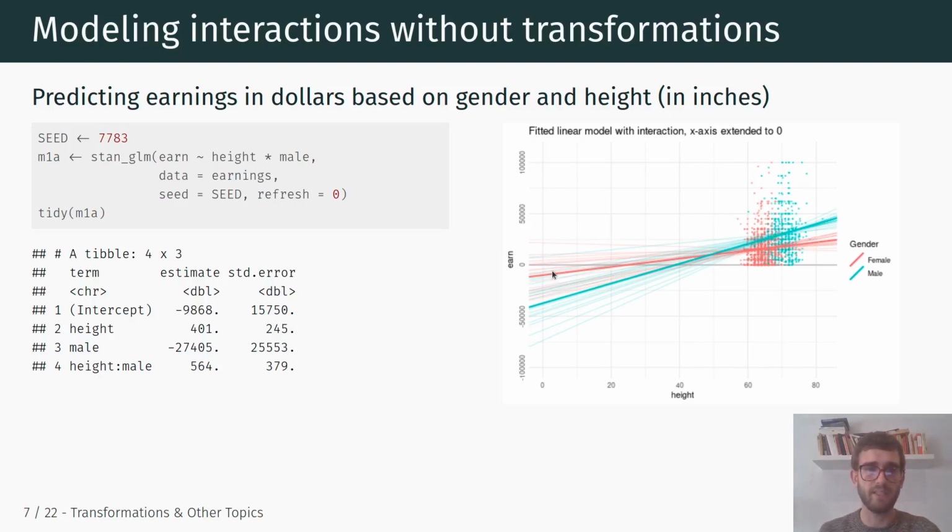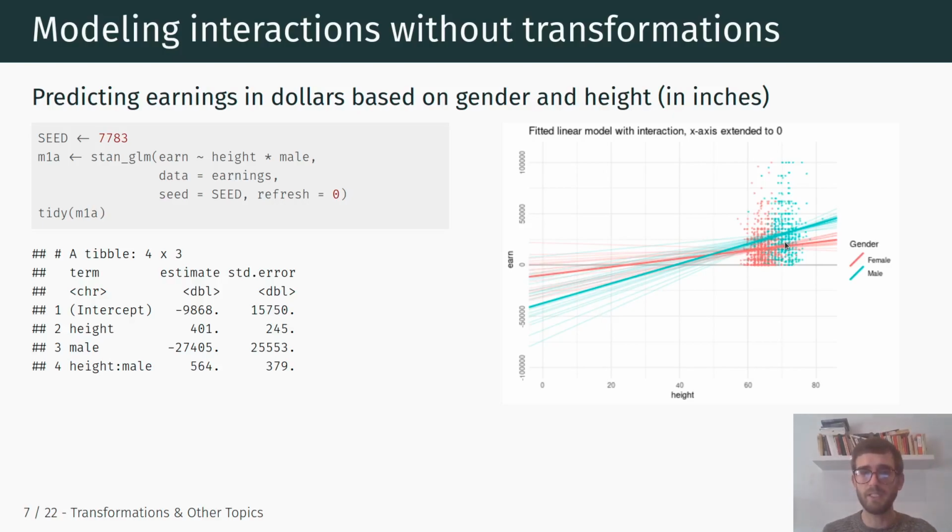But the point is that the intercept, the expected outcome for both women and men, is the expected outcome for height being equal to 0. Obviously, we don't observe this, and so these coefficients themselves are not interpretable.